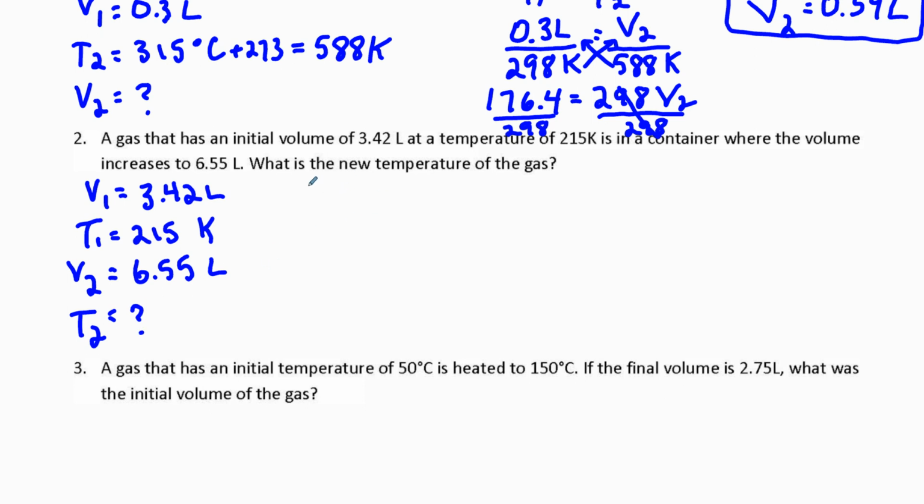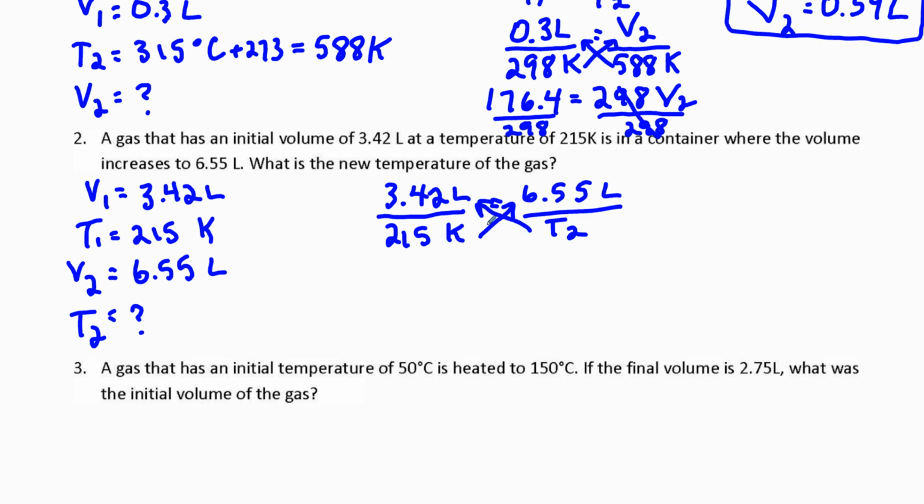So we can plug in to our formula. So V1 goes here, divided by T1 equals V2 divided by T2. So let's cross multiply.